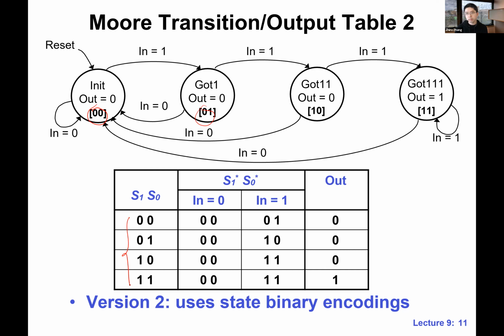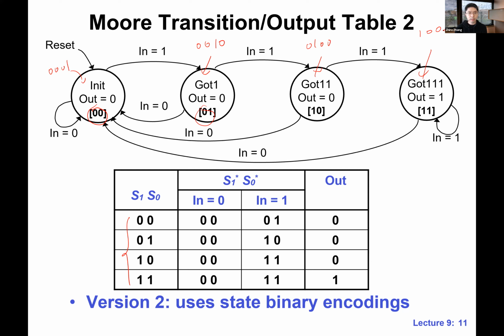We can also spend 3 bits or even 4 bits. We can say init is 0 0 0 1. We can do something called one-hot encoding, and this one is 0 0 1 0, and this one is 0 1 0 0, and this one is 1 0 0 0. There are many different ways to come up with a binary encoding for the states in the finite state machine.